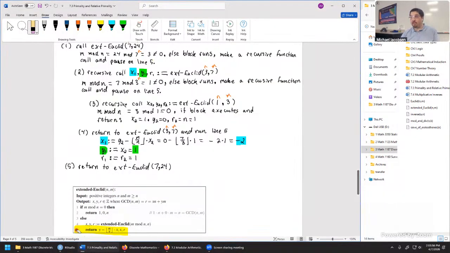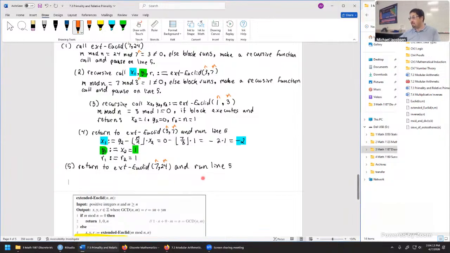So we go to line 5, run line 5. When we run line 5, let me just redefine. That's the new n, that's the new m value. But running line 5 just means we're redoing this all over again.